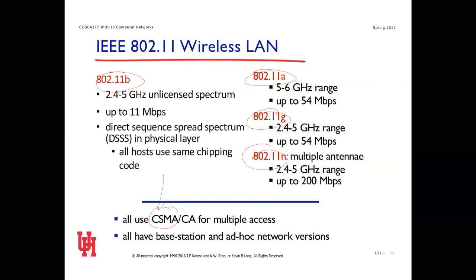Where else have we seen this acronym, CSMA? Other types of multiple access, more than one user on a network, have we seen? Where you listen to see if it's available before you send something. And if it sounds like it's available, you go ahead and send your data.